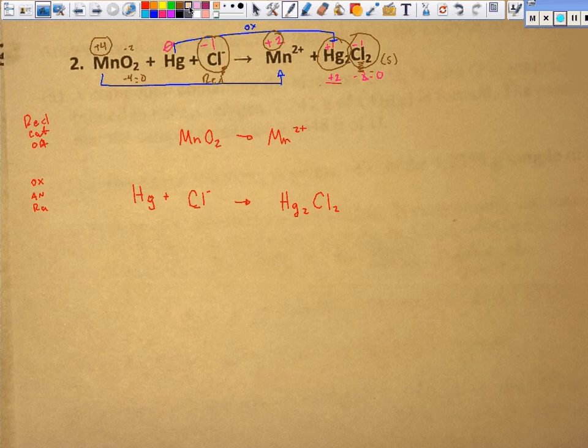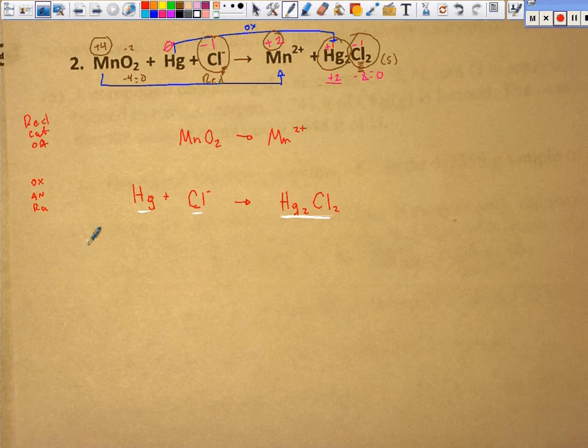Now, the top one. We have one Mn and 2 O's. Since this is an acidic solution, we can balance using waters. Specifically, we need 2 waters. Since we have hydrogen, and since it's acidic, we need to add 4 H pluses. Since we're on the reduction side, remember, we need to put the electrons on the reactants.